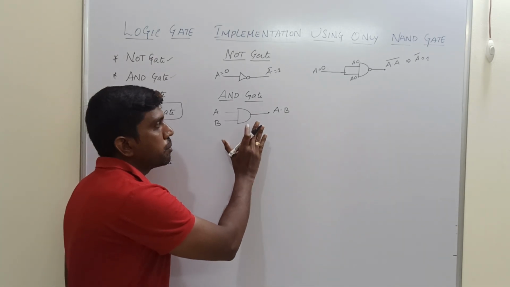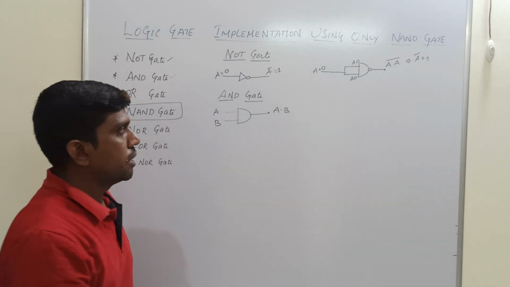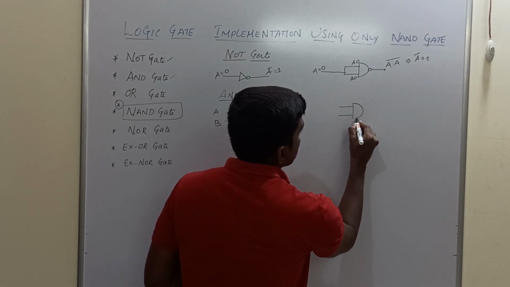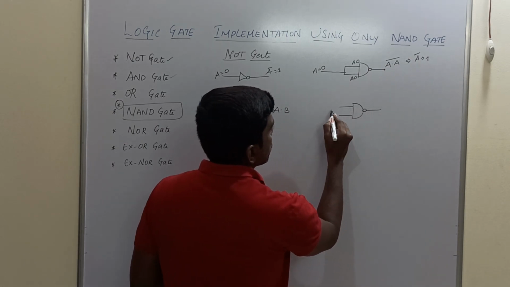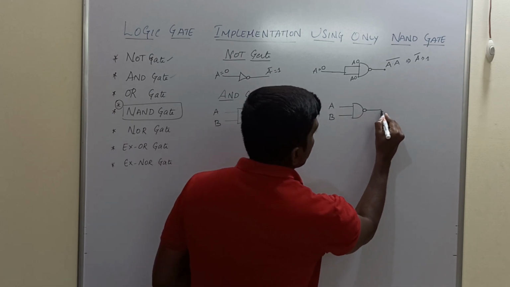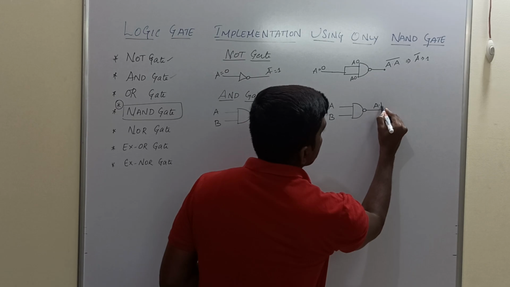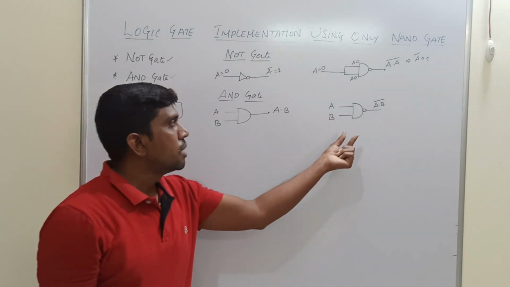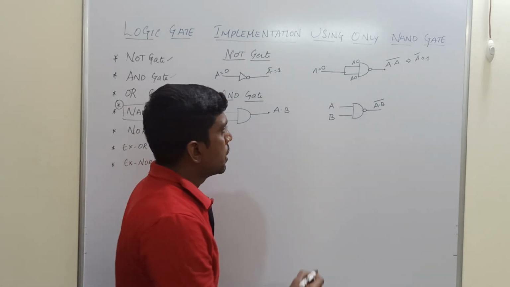Now I am going to implement this AND gate using NAND gate. So here input of the NAND gate is A, B. Output is A dot B the whole bar.